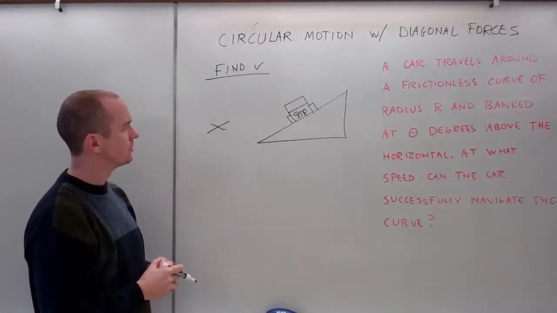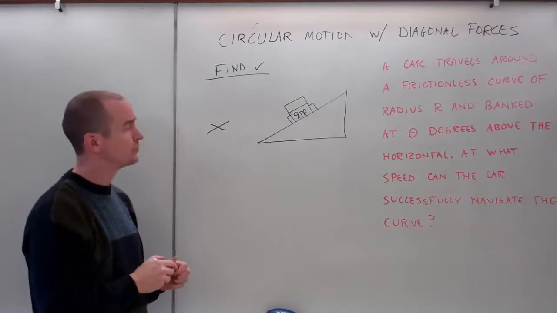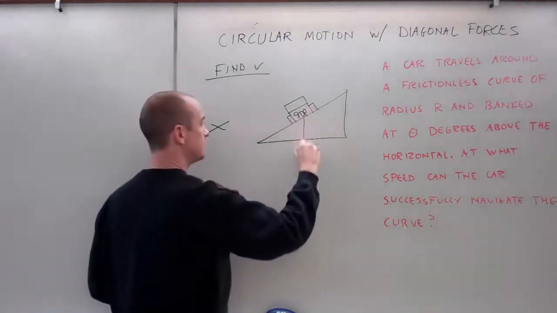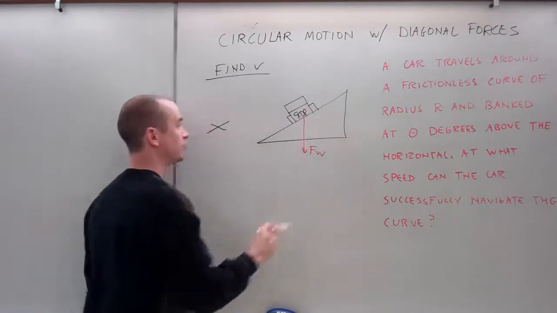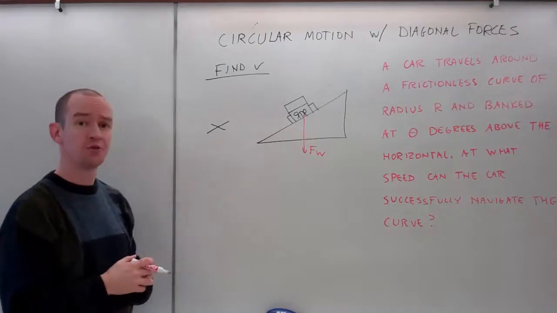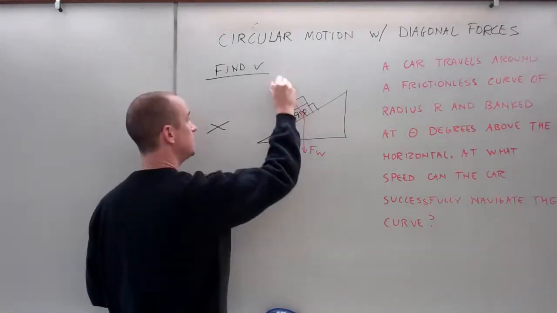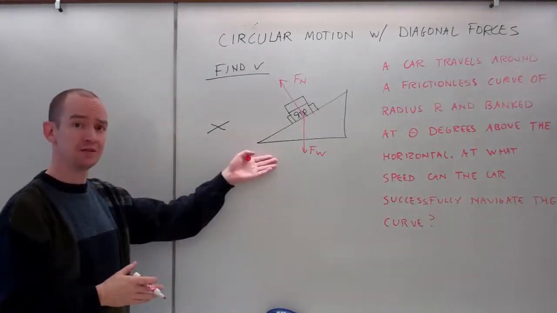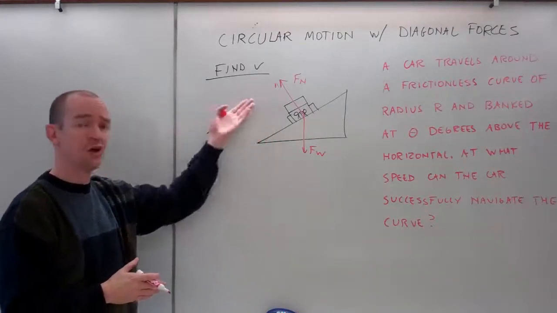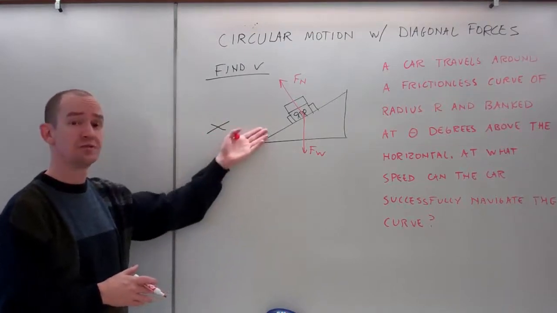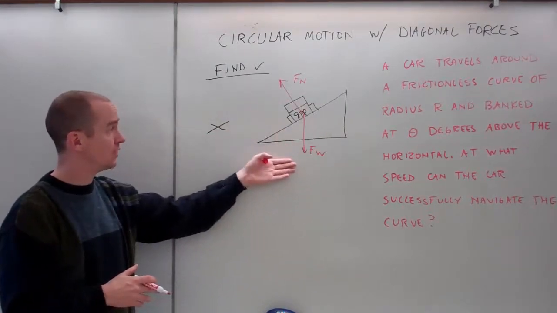Let's put the forces on it. Well, what forces are acting if it's frictionless? Clearly, we have weight pointing straight down. We also have surface, so there must be a normal. Now we know why it's banked. Because normal is going to help provide the centripetal force towards the center. Notice that I've drawn a side view of the diagram.